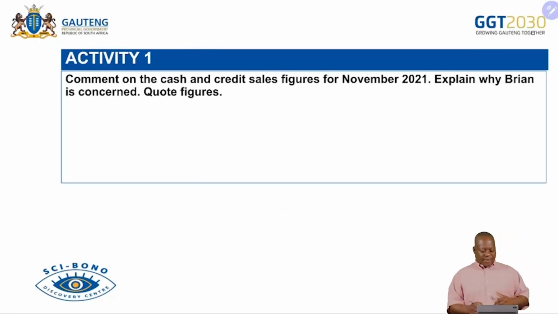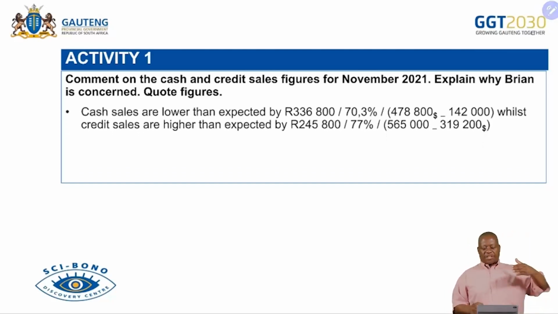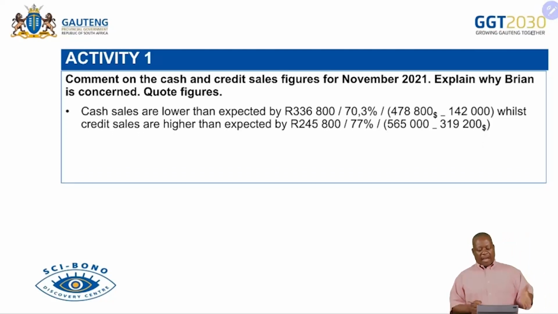So what are we expected to do? Comment on the cash and credit sales and explain, okay? The cash sales were lower than expected by 336,800. Or you can make it a percentage, about 70.3%. Or you can say it is from this to this. Very important. But you are also going to mention credit sales which are higher than expected by about 245,000. That is about 77%.